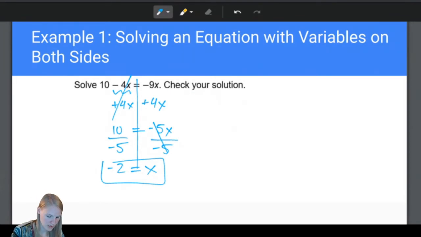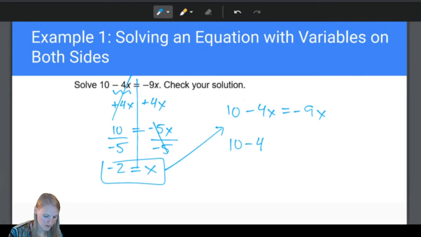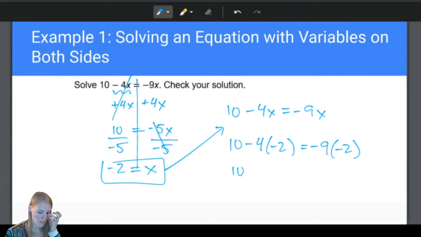So I'm going to take the original equation, 10 minus 4x equals negative 9x, and let's shove negative 2 in there. So 10 minus 4 times negative 2. Remember that putting things in parentheses just means times. Negative 9 times negative 2. Okay, so now we have 10 minus 4 times negative 2 is negative 8.